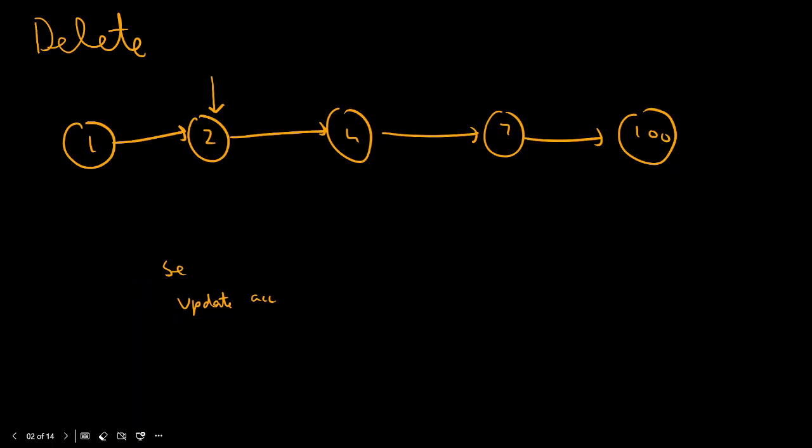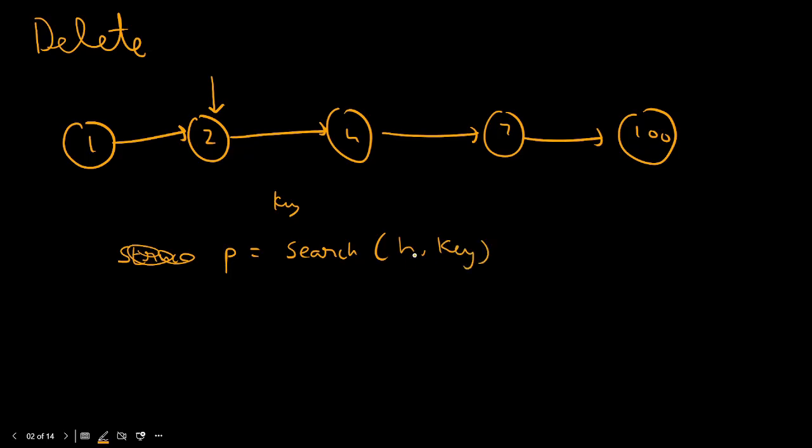Okay, I'm gonna make a pointer p. It is equal to the thing which is returned by the search function. So if I want to delete a key, I'm gonna search for h comma key, and I'm gonna store the address of that key in this pointer p.